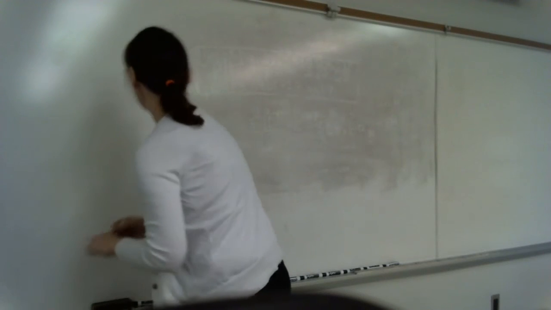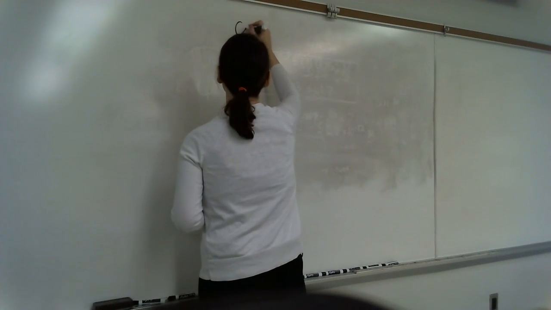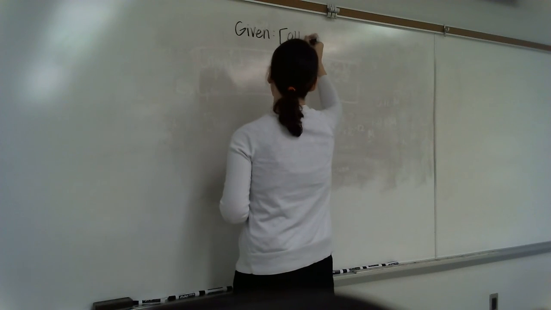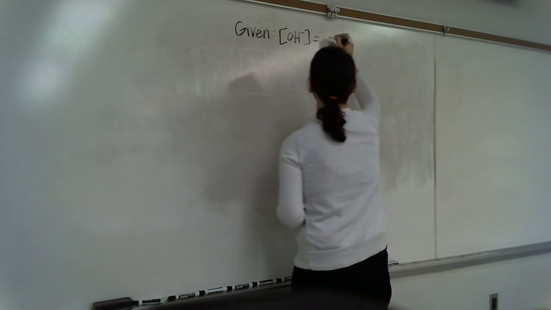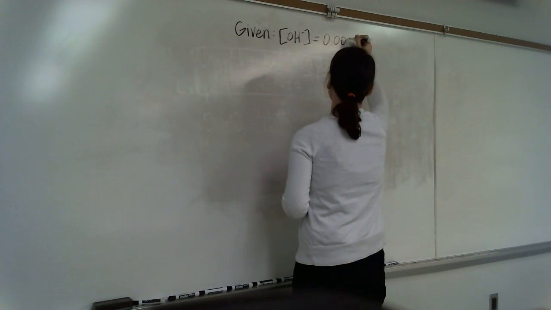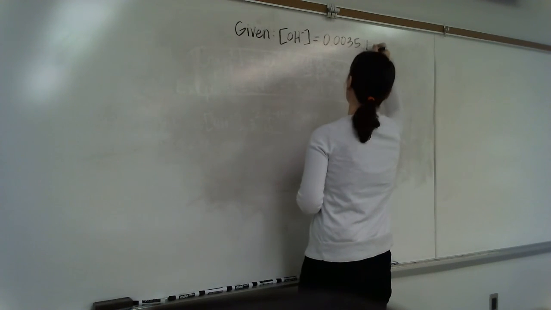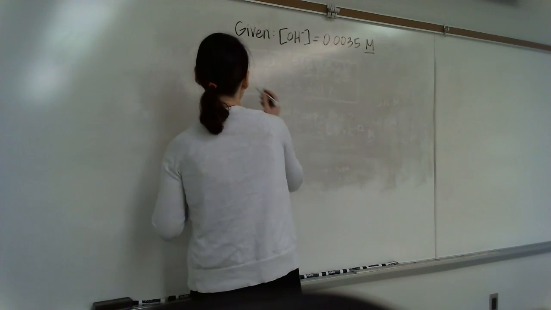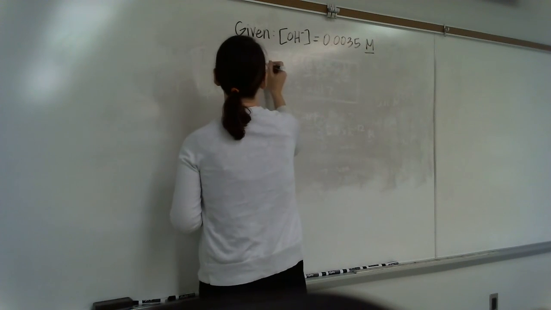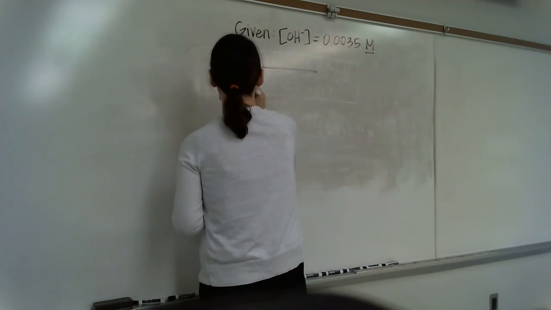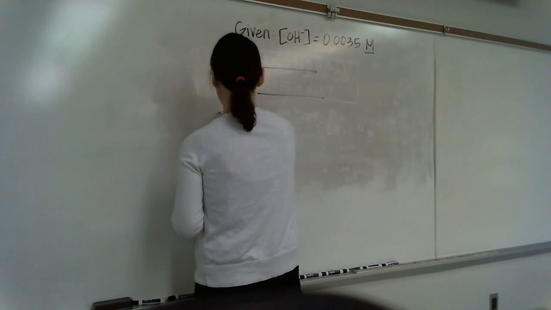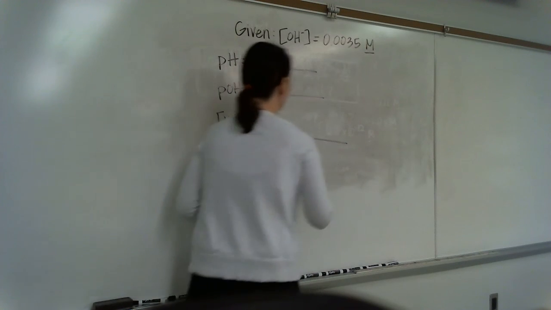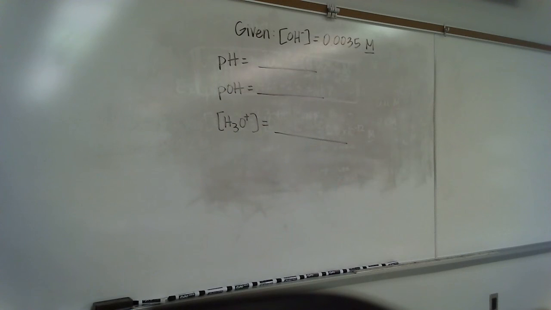Hydroxide ion concentration is equal to 0.0035 moles per liter. I want to know, and you can do these in any order you want, pH, POH, concentration of hydronium. Because if you know one, you can solve for all the others.